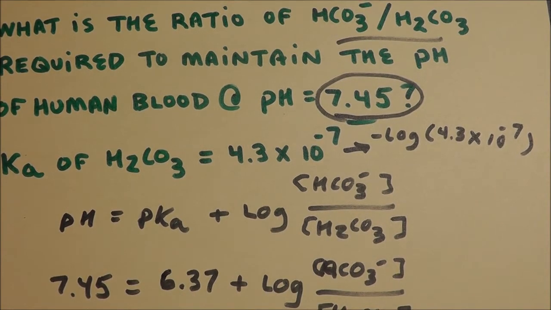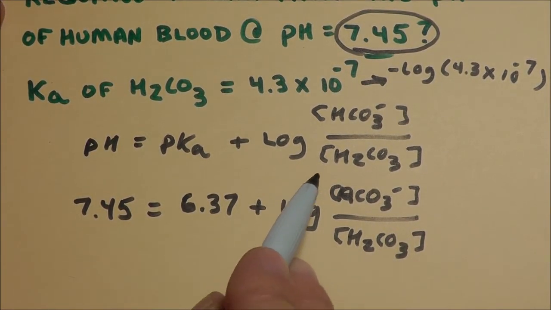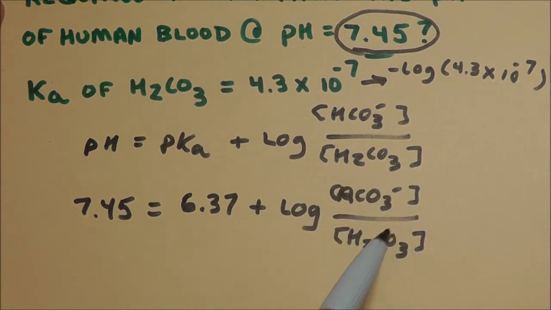Now, this is actually a number that is bigger than the pKa, larger, and that tells me that this ratio must be greater than 1, actually more than 10 times greater than 1, more than tenfold, because if it was a difference of 1 in pH, that would mean a 10 inside that term.